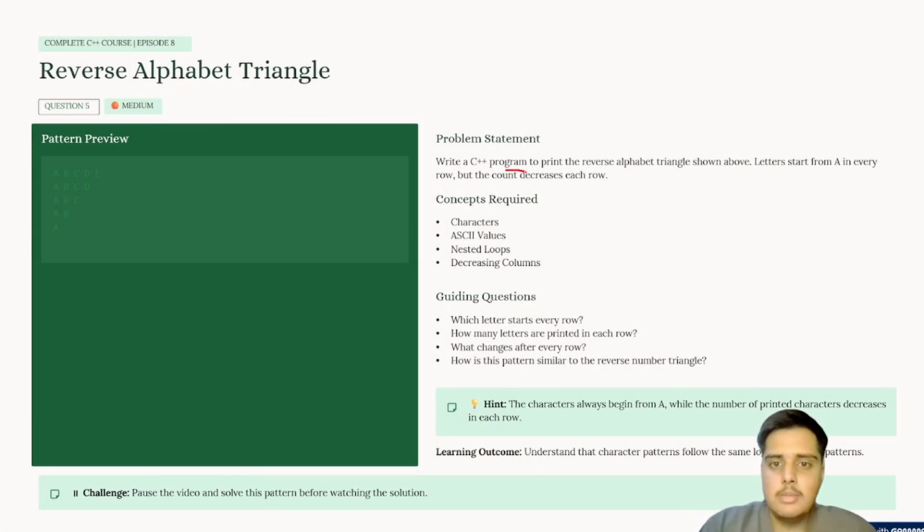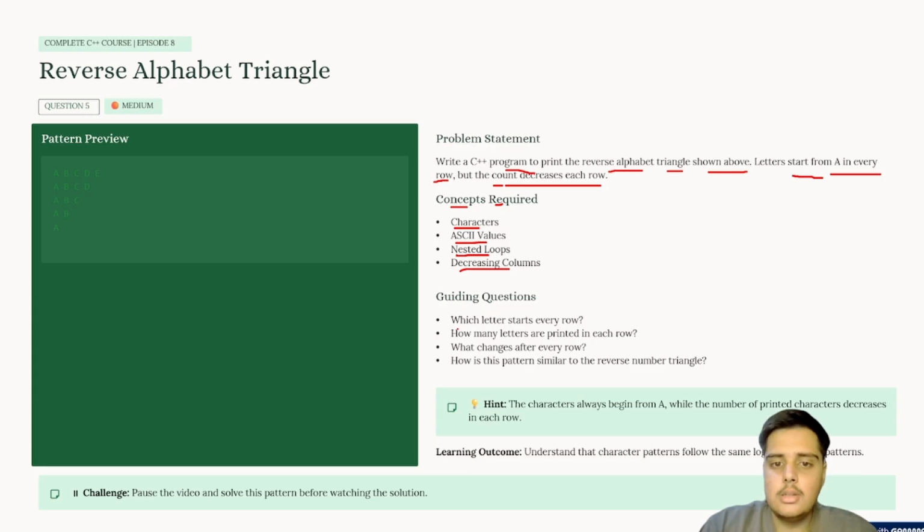Write a C++ program to print the reverse alphabets triangle shown above. Let us start from A in every row, but the count decreases each row. So the concepts required are characters, ASCII values, nested loops, decreasing columns.